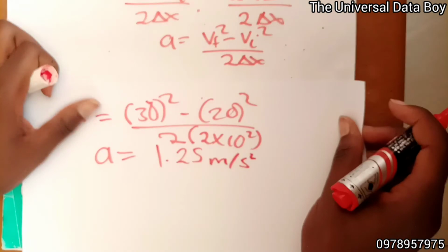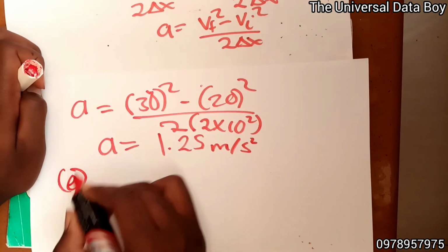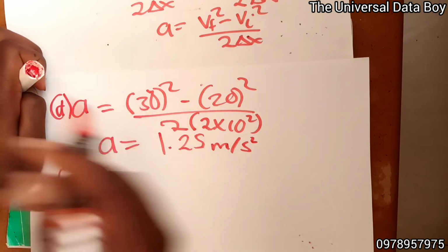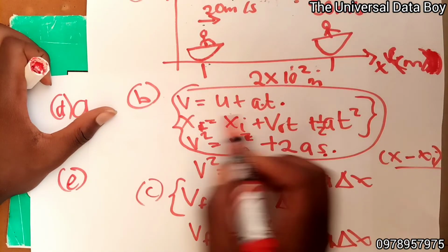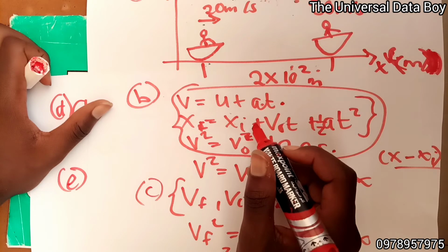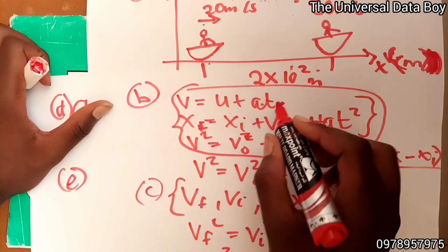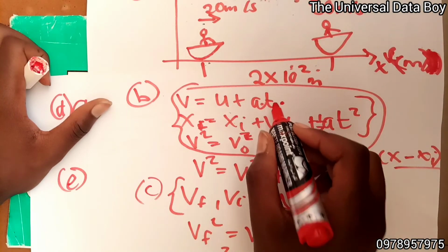This was our D. Now we go to E. Find the time it takes for the boat to travel the given distance. So we go back to these equations and check which one can work. According to me, the best one to use is v is equal to u plus at, because it's less complicated. We can use the other one as well, but let's just use this one.